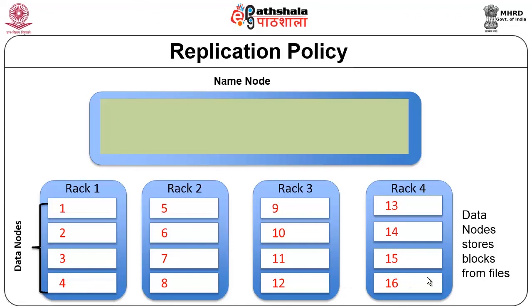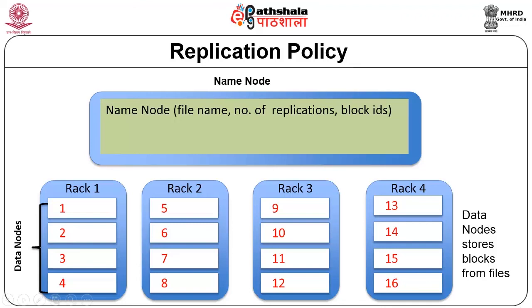These data nodes are inside the racks. The name node contains metadata, which is data about data, and it stores all the block information and the replica information, and where each of the replicas is stored in the data nodes.